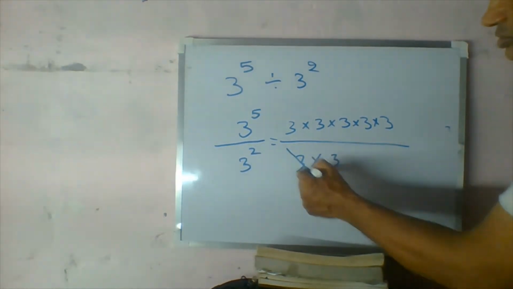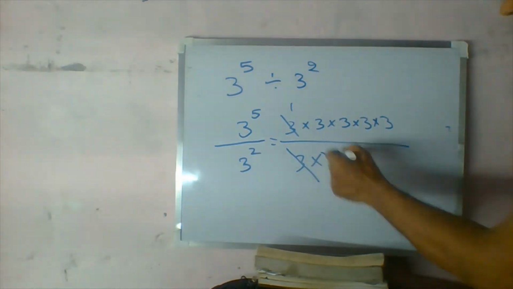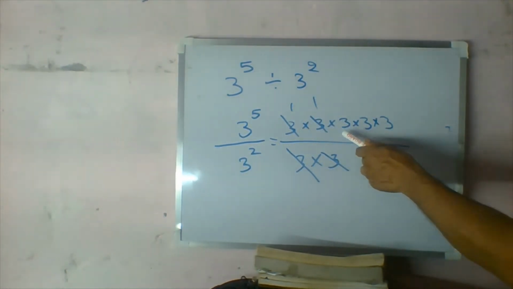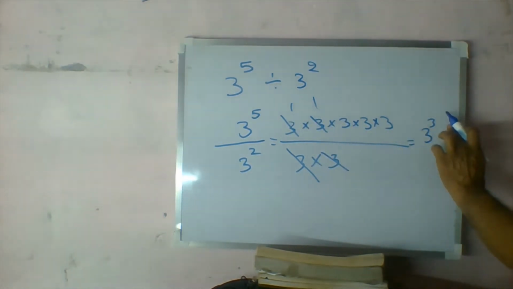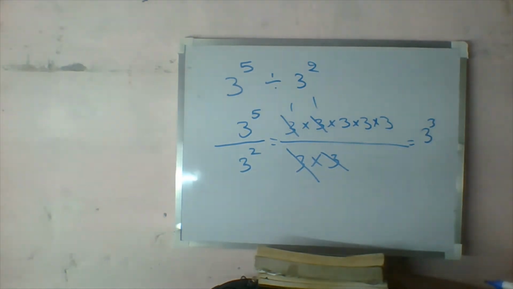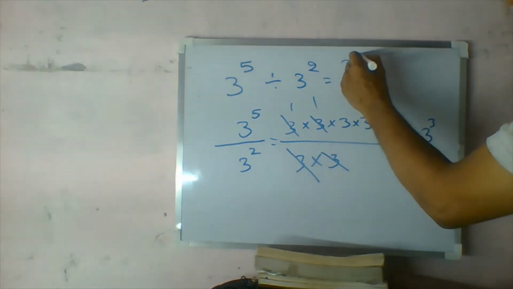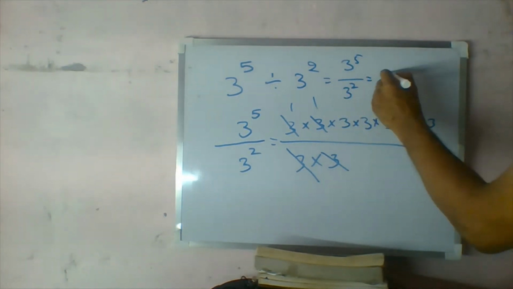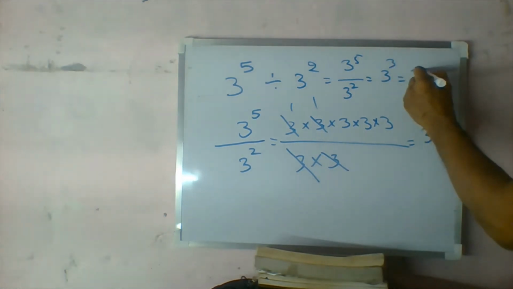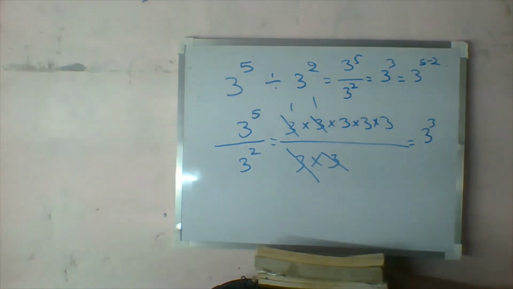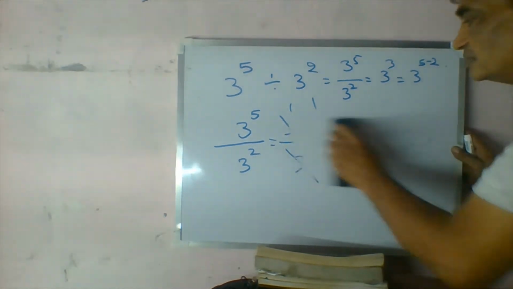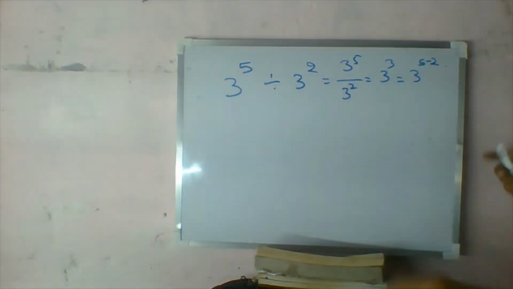Now let us try to solve it. One 3 cancels one 3, another 3 cancels another 3. So this we can write as 3 raised to power 3. So what we are noticing here is that 3 raised to power 5 divided by 3 raised to power 2 is actually 3 raised to power 3, that is 3 raised to power 5 minus 2. So in case of division, powers will be subtracted.